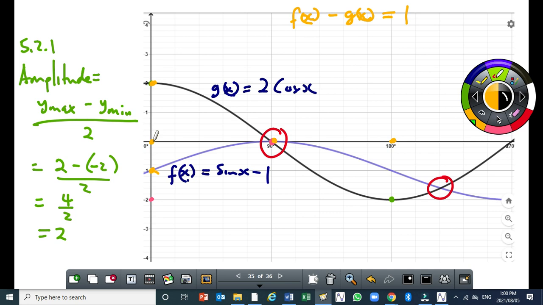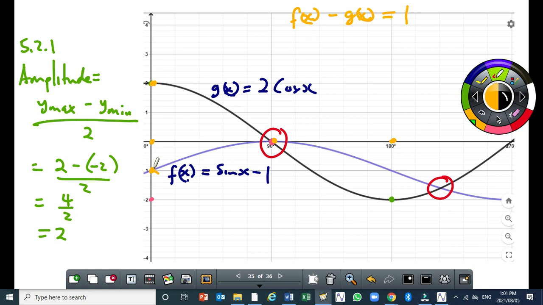So we have to use the critical points to be able to get the answer. So we use the y-intercepts, the x-intercepts, and the turning points. So if I use y equal to 2 here for g of x and y equal to minus 1 for f of x, I won't get 1 because I'm going to end up having minus 1 minus 2, which will give me a minus 3.